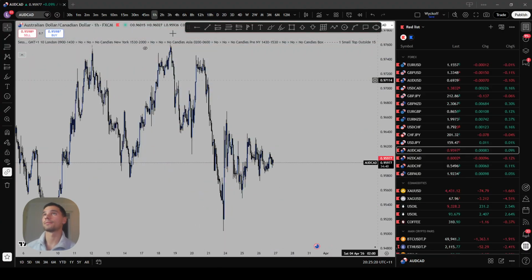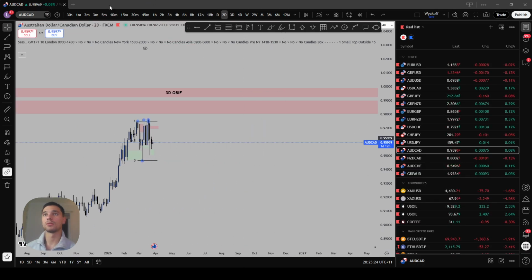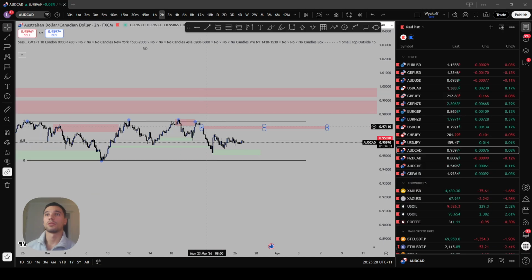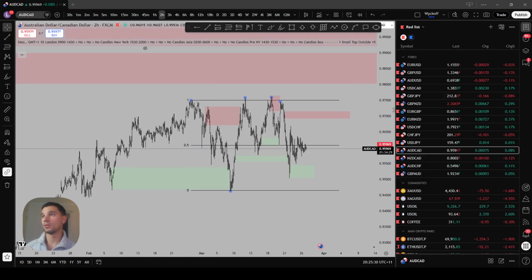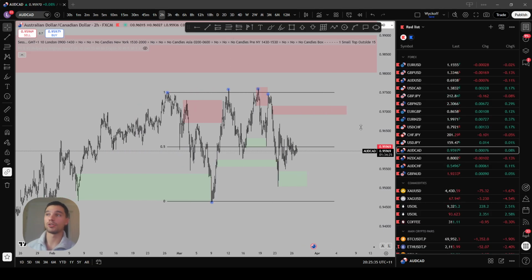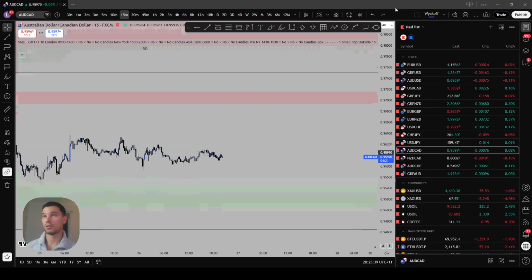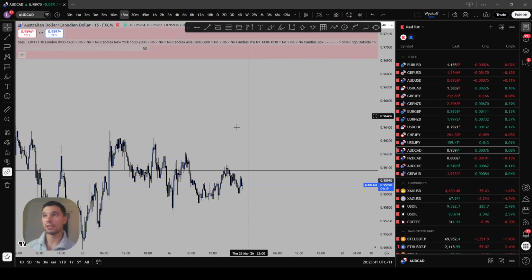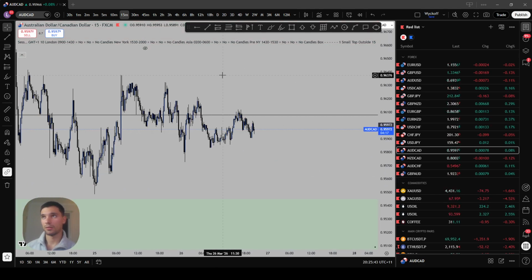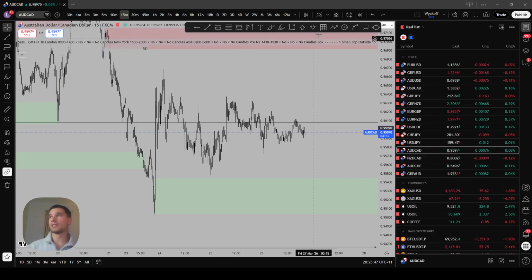AUD CAD. Contextually speaking, we are getting closer to completing this schematic, but you can see already we're leaving some buy side liquidity above us. And we're also kind of compressing at the moment.